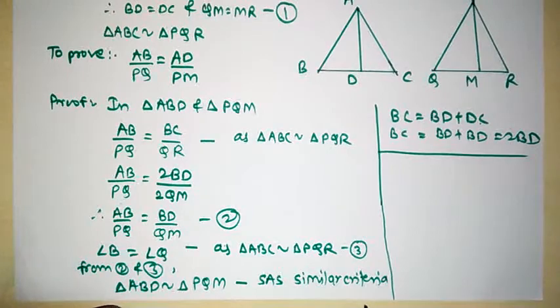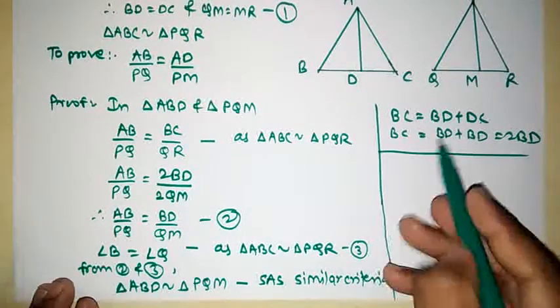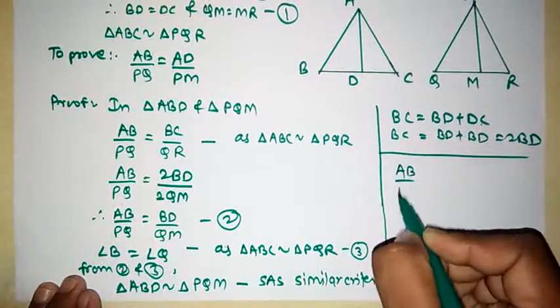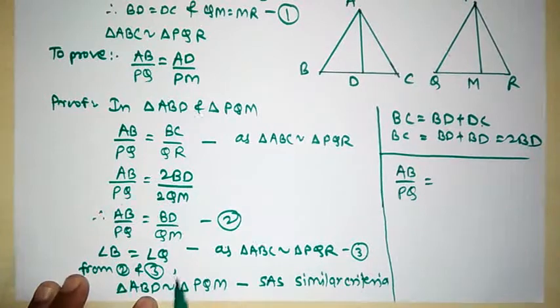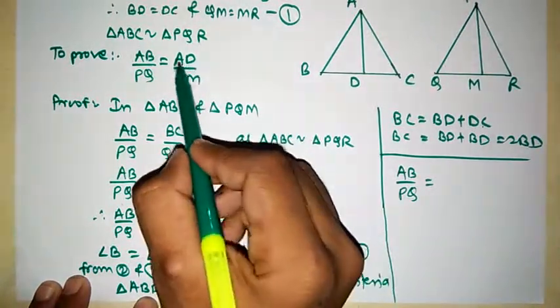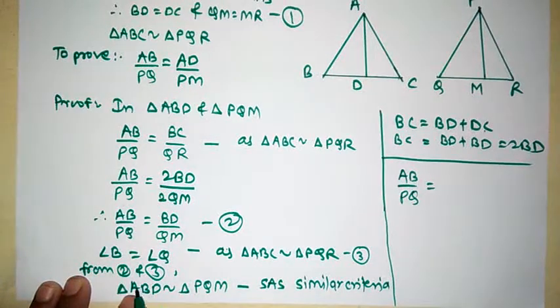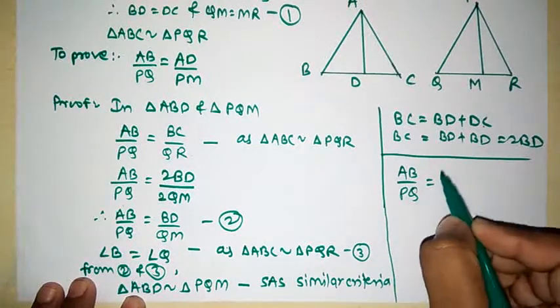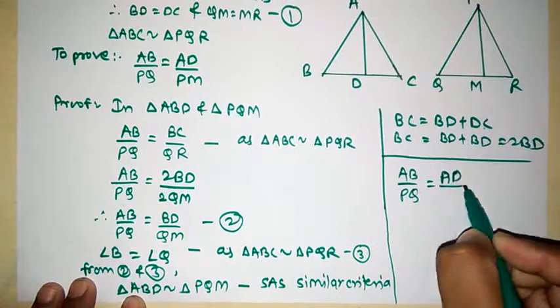But what we have to prove? Here we have to prove AB by PQ is equal to AD by PM. From this, can we write the respective ratios? AB by PQ is equal to BD by QM, and directly AD by PM.